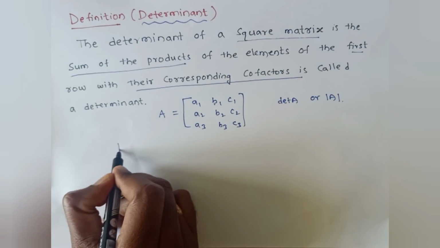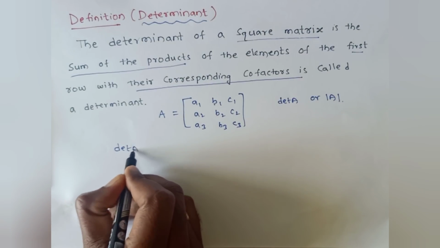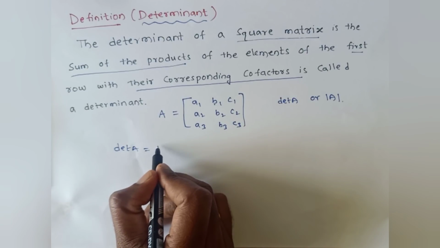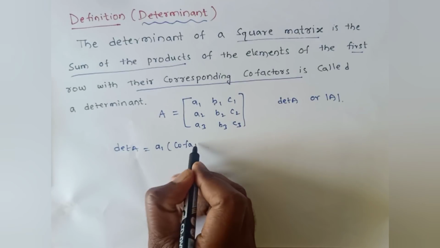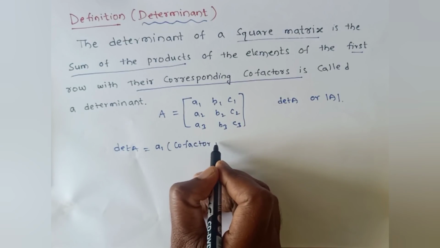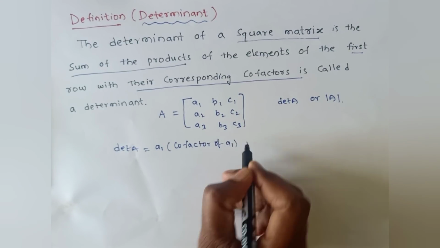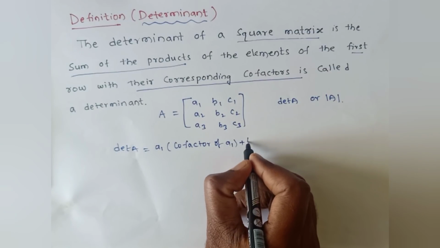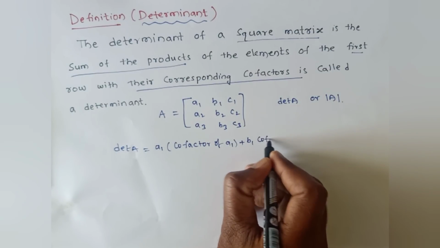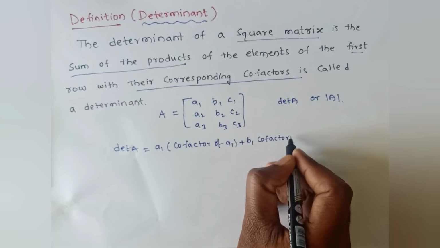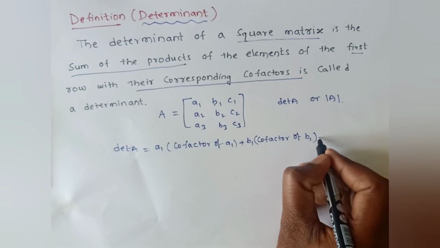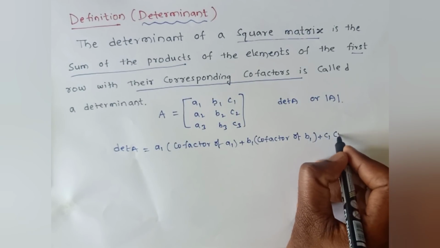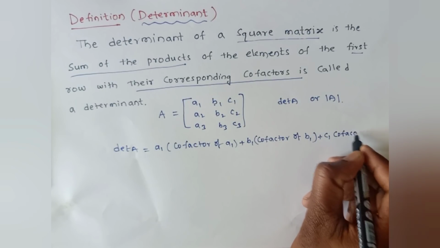So the determinant of A is equal to a1 into cofactor of a1 plus b1 into cofactor of b1 plus c1 into cofactor of c1.